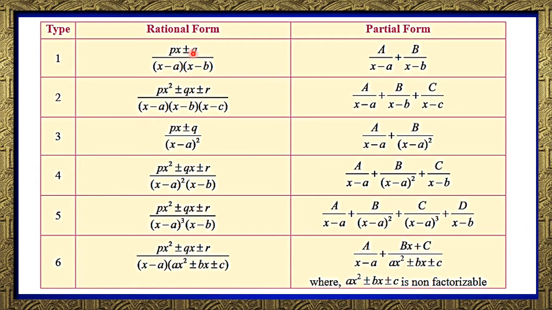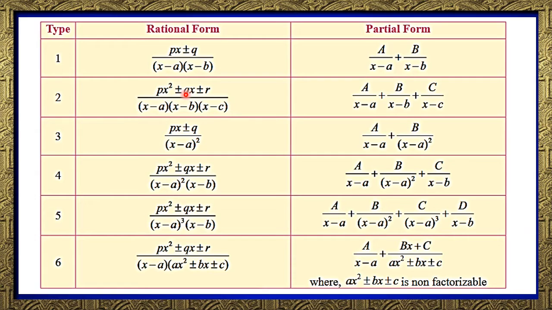So px plus or minus q is a linear polynomial, and the denominator also has linear polynomial factors. If it is of this form, then we will rewrite this integrand in the form a upon x minus a plus b upon x minus b. Then we will find the values of a and b and integrate this instead of the original function.